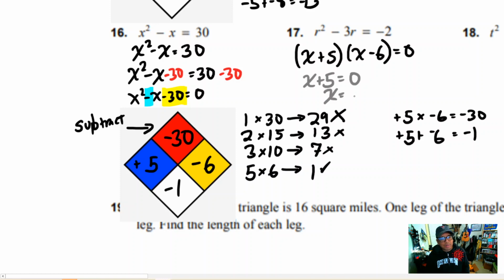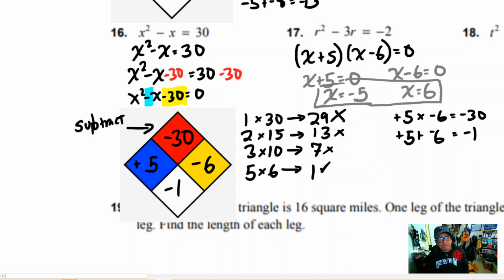And we've done so much, I'm not going to go through all of the long algebra. I just need to know that that's equal to negative 5. And then the other factor, x minus 6 equals 0. If x minus 6 is equal to 0, what is x? Well, that's positive 6. So those are our two answers, x equals negative 5 and x equals 6.